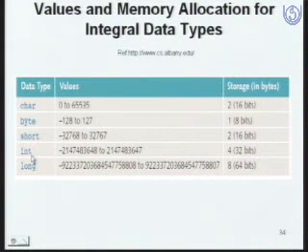Another is int, that is integer. We store values from this to this in the integer data type, and the storage capacity is 4 bytes, that is 32 bits. Another data type is long. Long is basically used for storing larger integral values from this to this, and the storage capacity is 8 bytes, that is 64 bits.